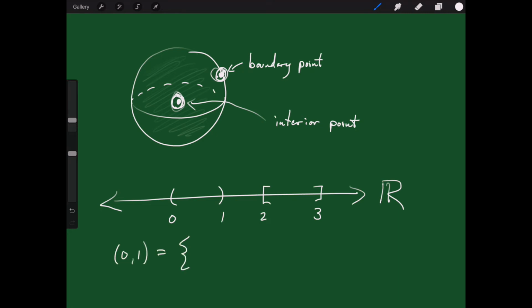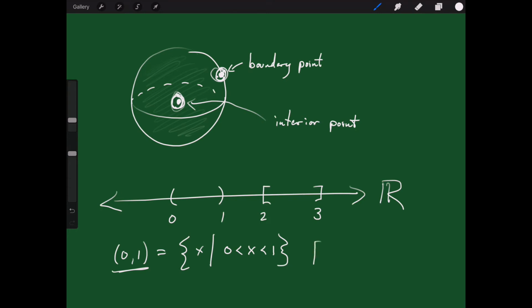What I mean by an open interval from 0 to 1 is the set of all points x such that 0 is strictly less than x is strictly less than 1. That's all x's between 0 and 1.